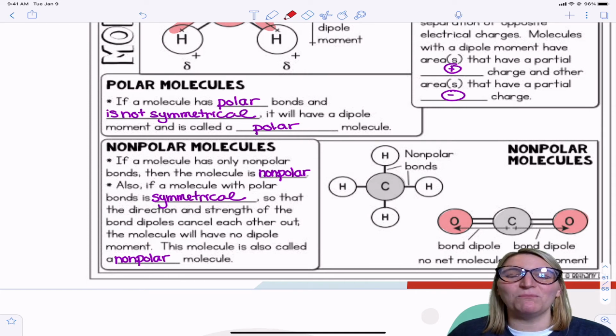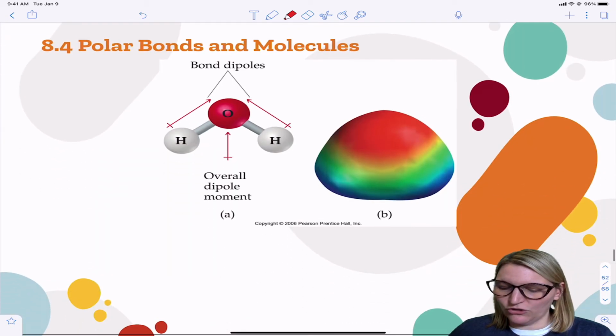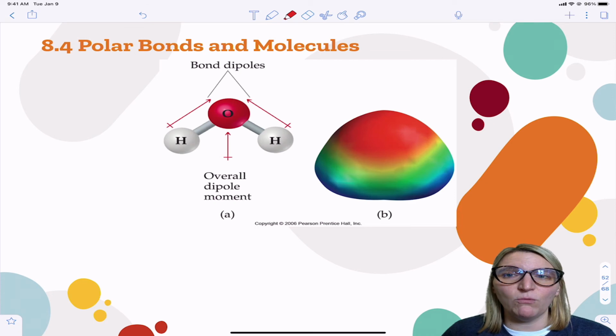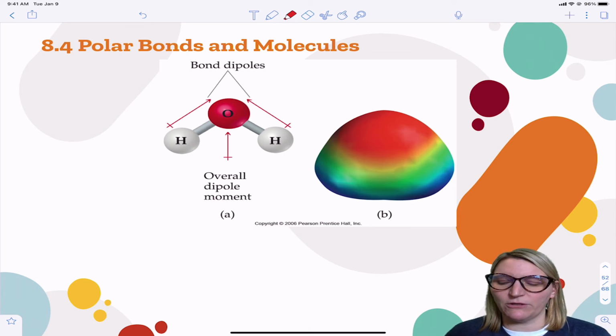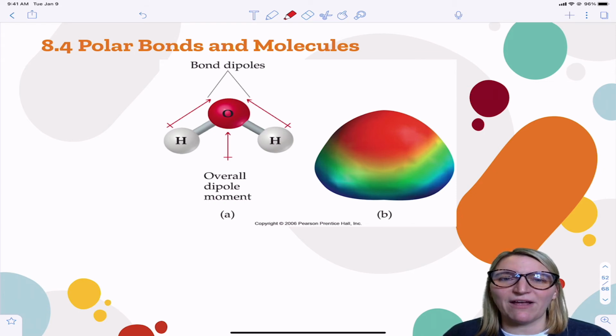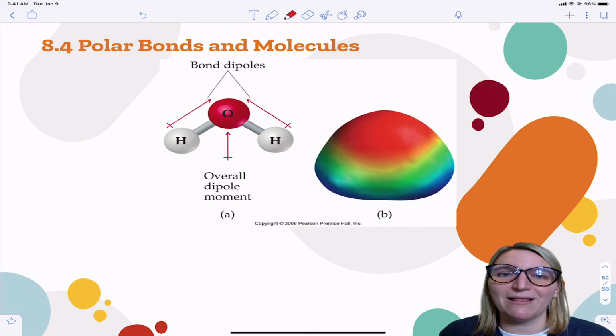It is nonpolar. The next slide just shows a couple different pictures of water to help hammer home that water is a polar molecule. You can see the arrows pointing towards the more electronegative element, and the overall dipole moment, the overall polarity of the molecule, is such that oxygen has more electron density.